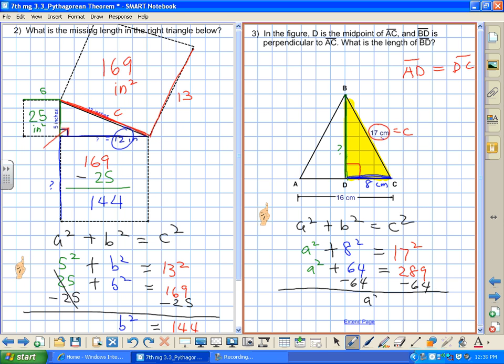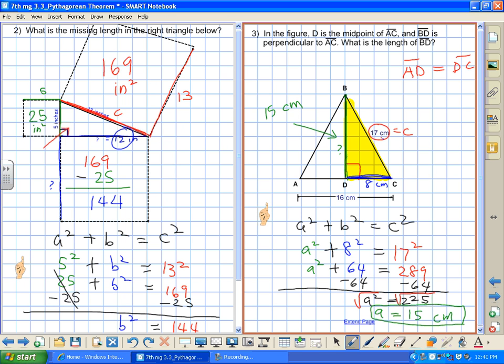You end up with A squared equals 225. Now you take the square root of both sides, and you end up getting A equals... what times what will give me 225? It's actually 15. So A is 15 centimeters. That's my answer: A equals 15 centimeters.